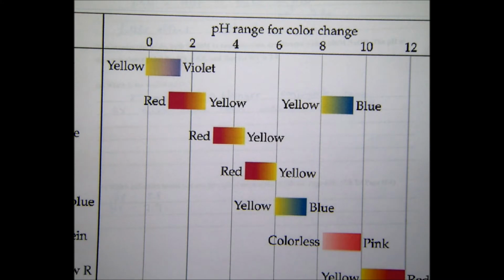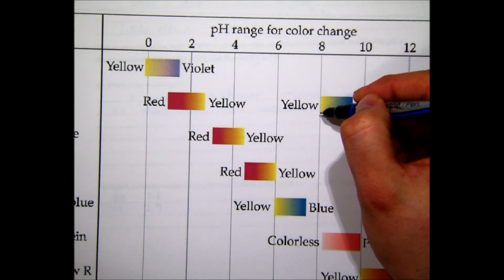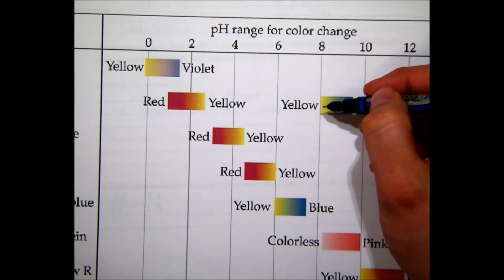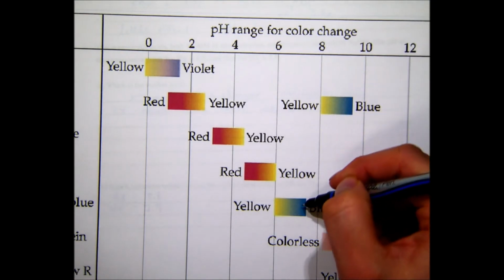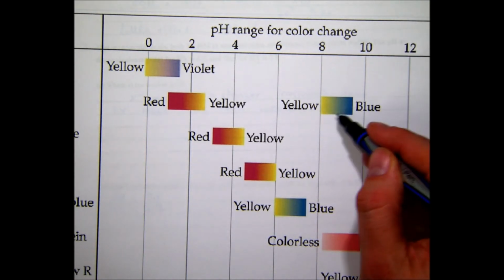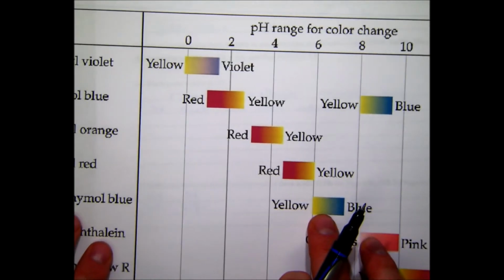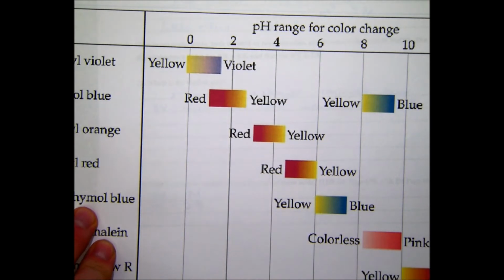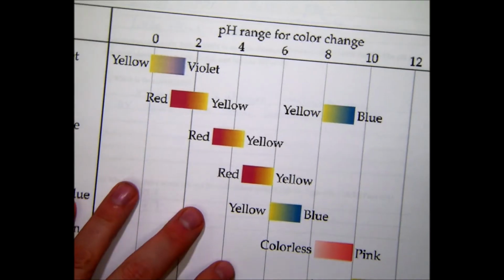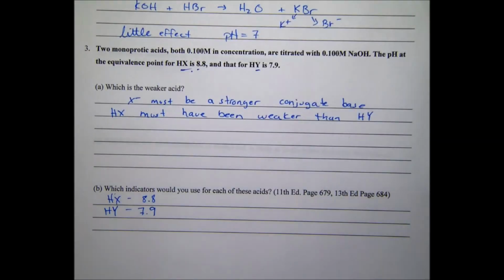For HY, since we're at 7.9, so we're just below here, we're basically going to have to pick something that's as close to that as we can. And thymol blue isn't going to change until after, so we're probably going to want to pick this here, which is bromothymol blue. So you have to pick the range which is going to give you the best or most accurate results.